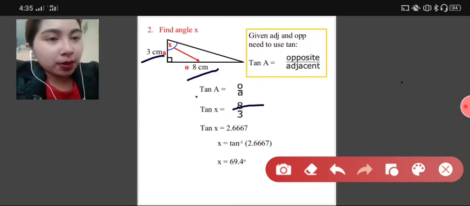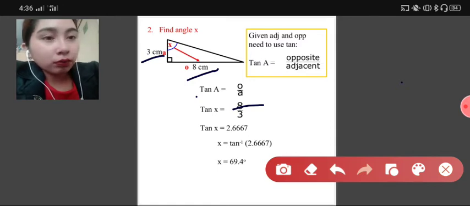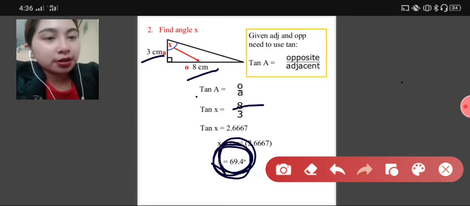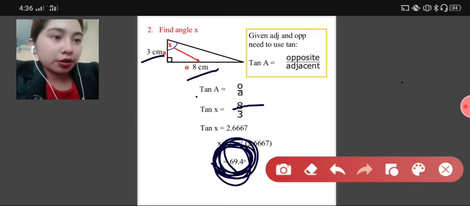Divide mo lang siya, then lalabas yung sagot na 2.6667. And X is equals to, shift mo lang, tapos tangent inverse ng 2.667, lalabas yung sagot na 69.4 degree.